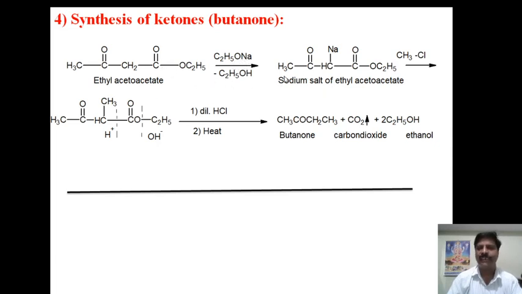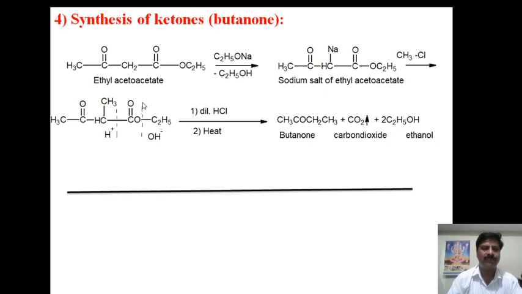Then this compound is treated with methyl chloride to form alpha-methyl ethyl acetoacetate. On acidification with dilute hydrochloric acid and heating under hot conditions, it forms butanone.